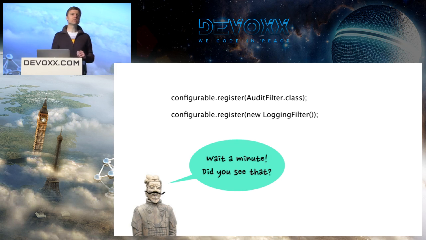If you supply an instance, you can supply your own dedicated instance, but you don't get dependency injection. So this new logging filter won't be managed by the runtime. But you have the benefit that you can pass in parameters, create your own singleton, do special stuff with it, and supply it.